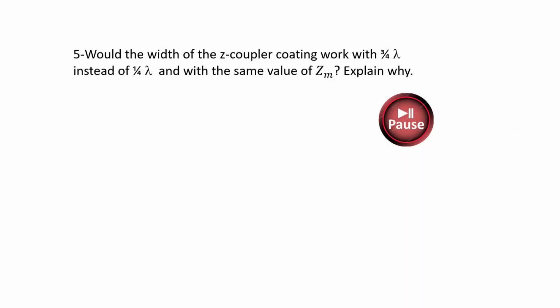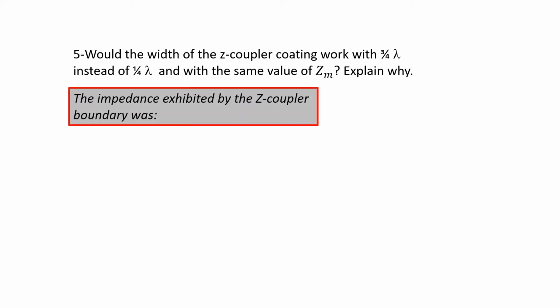Problem number 5. Would the width of the zeta copper coating work with 3/4 lambda instead of 1/4? And with the same zeta sub m? Explain why. Hit pause. The impedance exhibited by the zeta copper boundary was this.